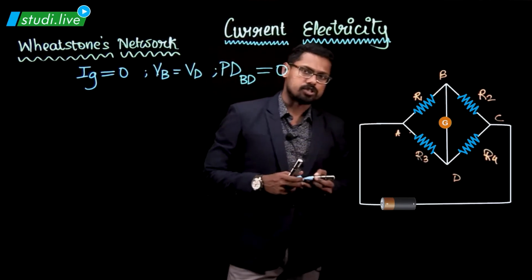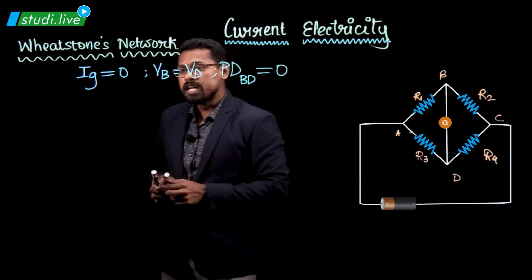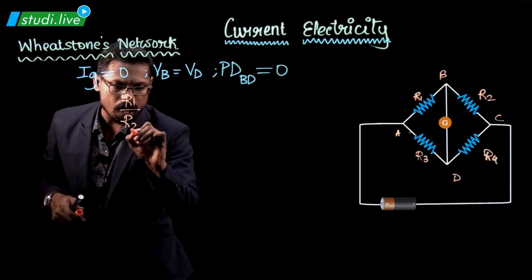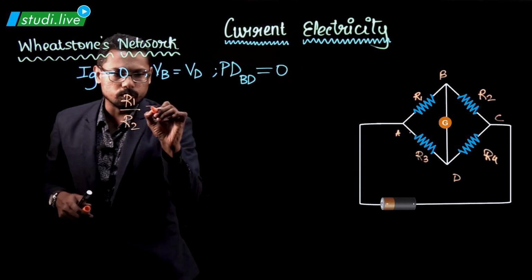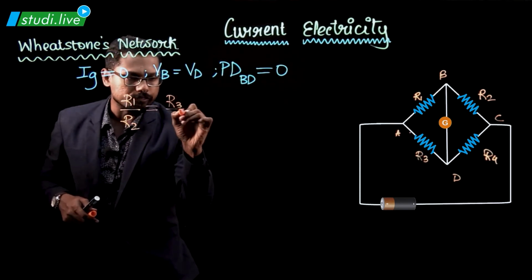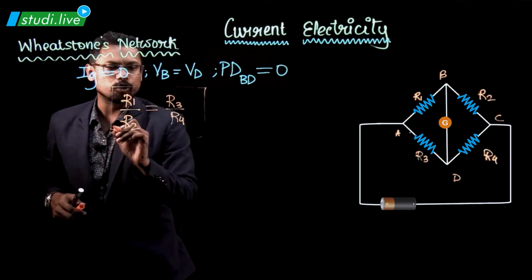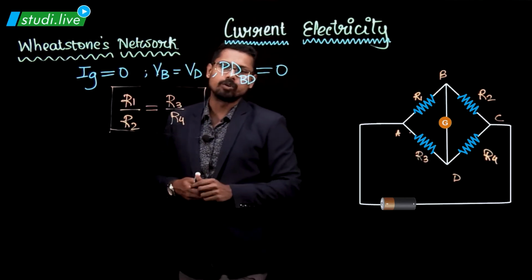Under such conditions, the ratio R1 upon R2 becomes equal to R3 upon R4. This ratio is achieved only when VB is equal to VD, or VBD is equal to 0.